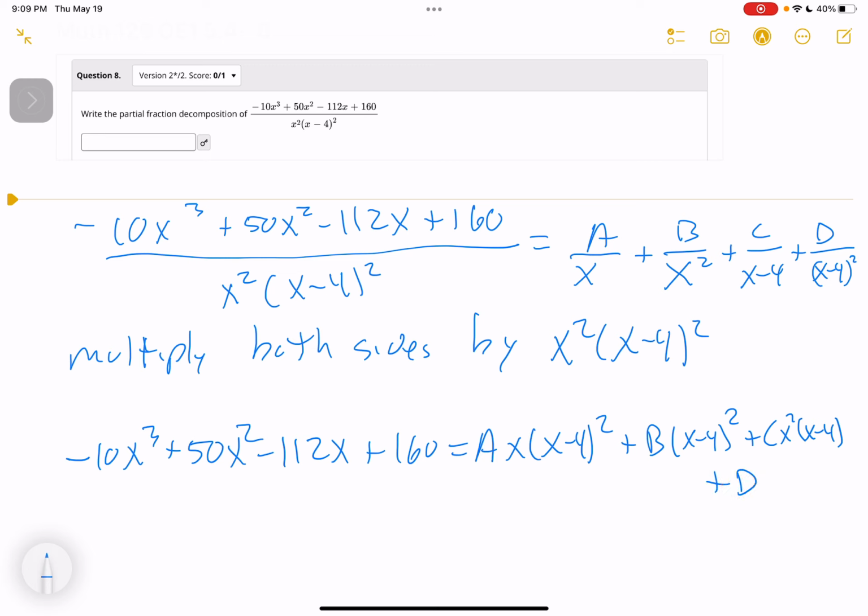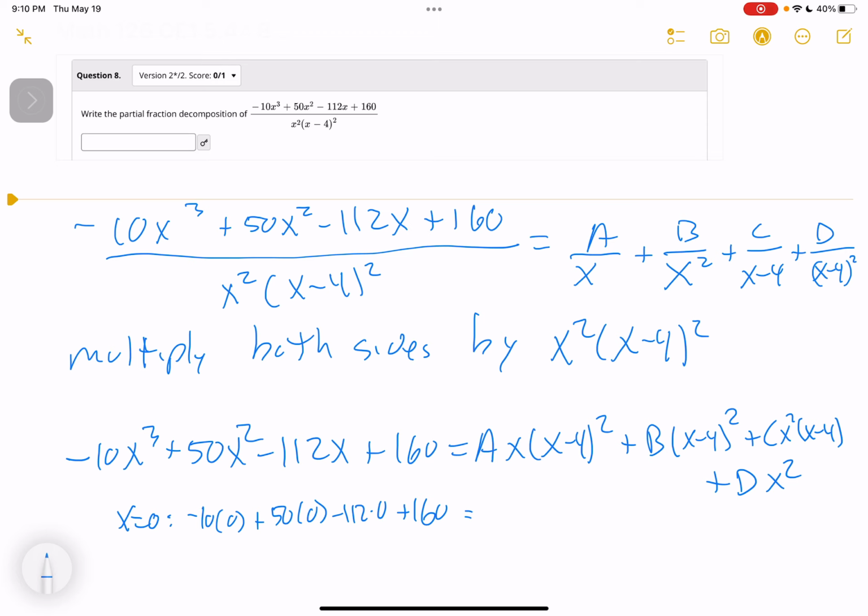Plus d, if I multiply through, it'd have an x squared there, because the x minus 4 squared goes away. One approach, this is an interesting idea: if we said x was 0, on the left I get negative 10 times 0 plus 50 times 0 minus 112 times 0 plus 160.